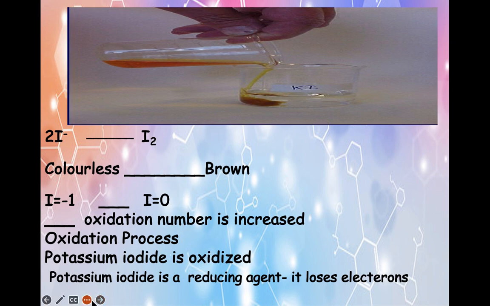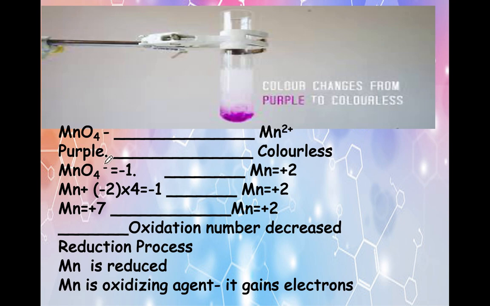Okay, let's move to the other example that we have for manganese. Permanganate ion, MnO4 negative, will change to manganese(II) ion. It was purple and it will change to colorless. So what happened to this ion?